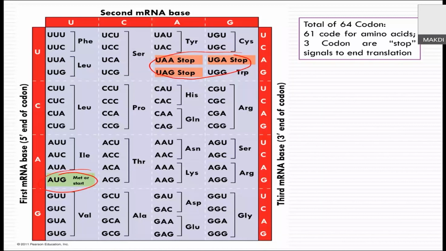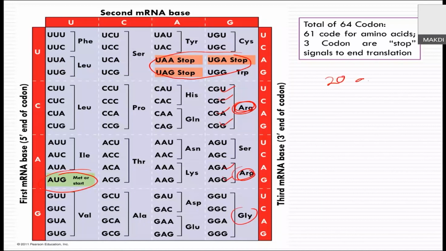Okay, different codons can code for the same amino acid. For example, CGU, CGC, CGA, CGG code for the same amino acid, arginine. Same with AGA, AGG, arginine.